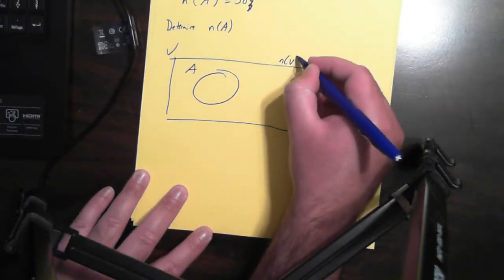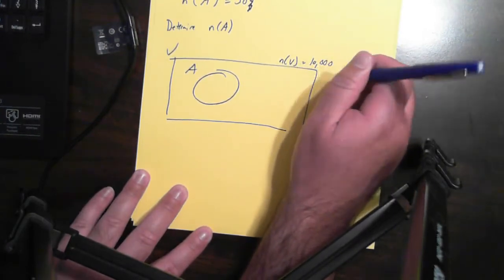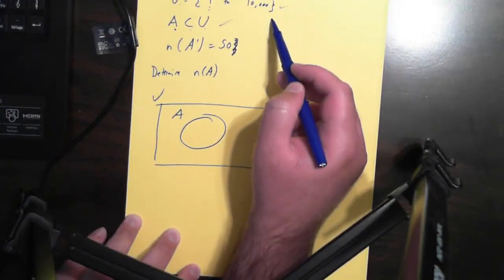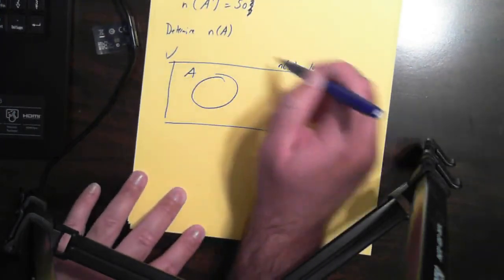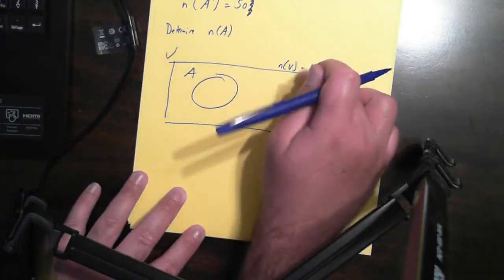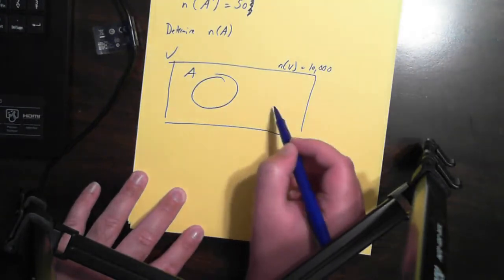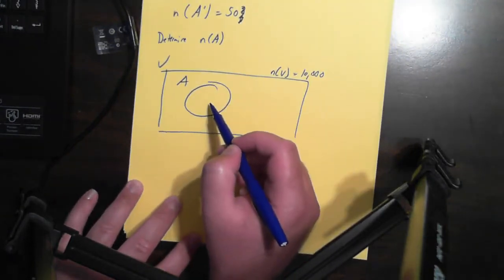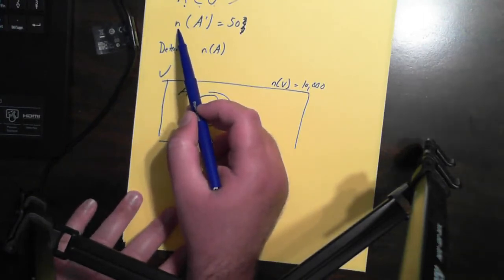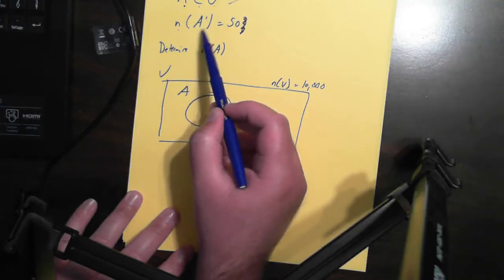And I know, of course, that the number of elements in here is going to be 10,000, right? Because I've got the numbers from 1 to 10,000 inside of this rectangle. That means there are 10,000 numbers inside of this rectangle. Of course, not all of them are in A, right? Some of them are going to be out here, some of them are going to be inside of A. Well, I'm actually told that the number of elements that are in the complement of A, that's what that symbol means, right?